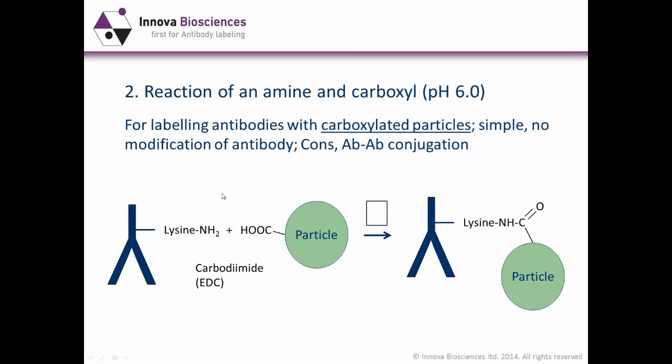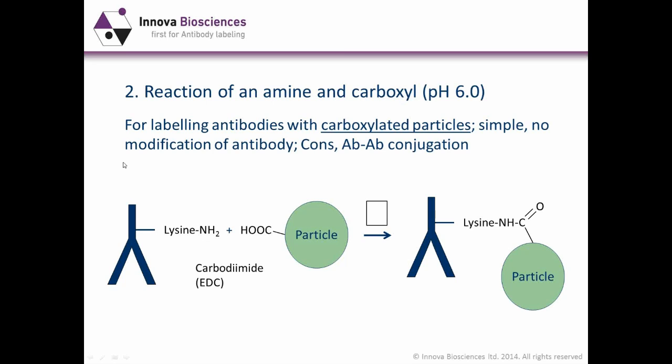Okay, second key reaction. Reaction of an amine with a carboxyl. These reactions are usually carried out at pH 6. Main application here is labeling of antibodies with carboxylated particles. Very, very unusual that you would have a protein label with this particular approach. Again, it's simple.